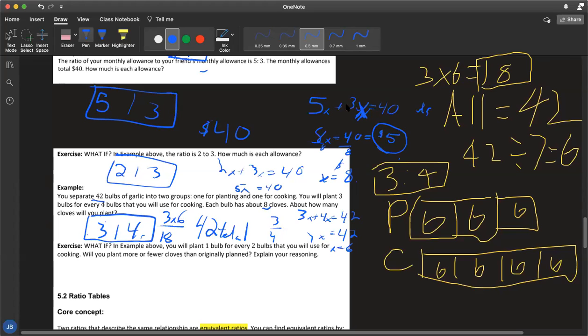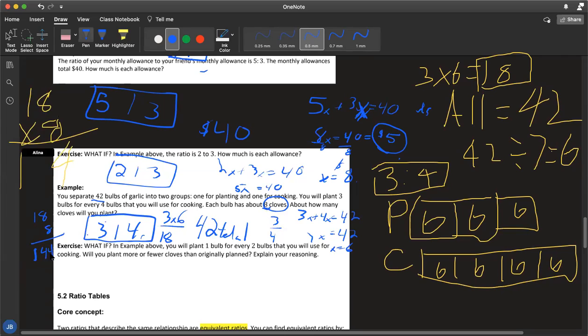Yes. Okay, so now we have to figure out how many cloves there are. So we take 18 and multiply it by 8. And Brian, what did you say we got for that one? 106. 144. Sorry, say it again. 144.